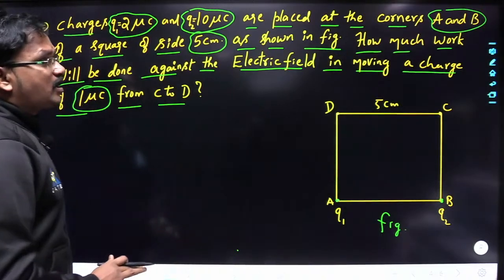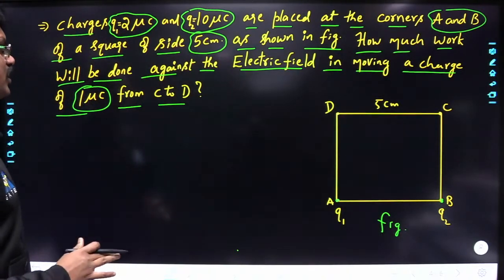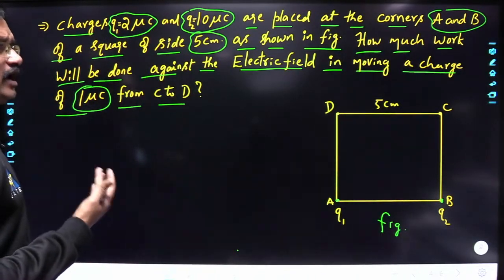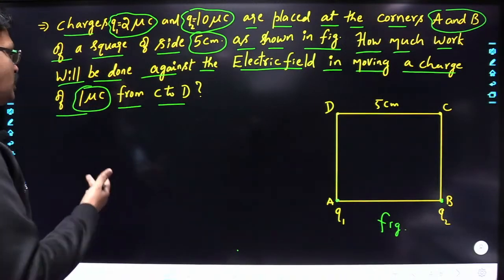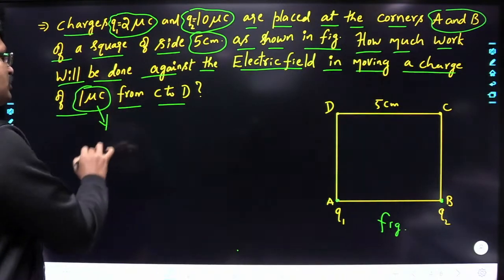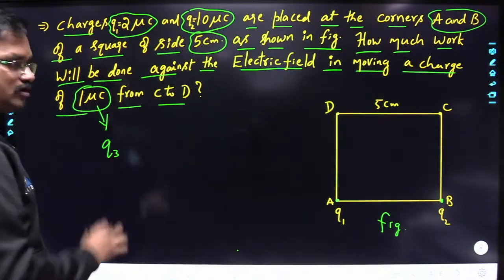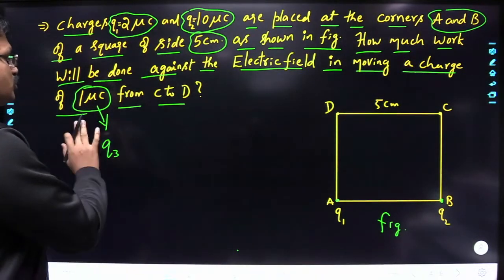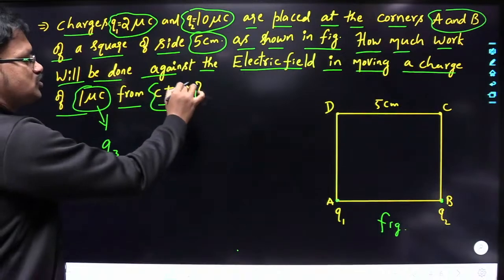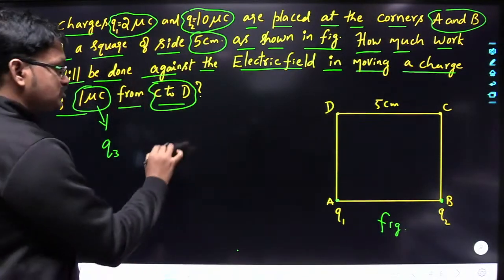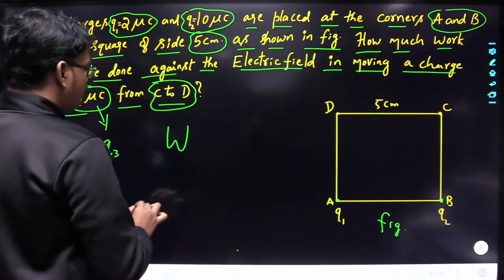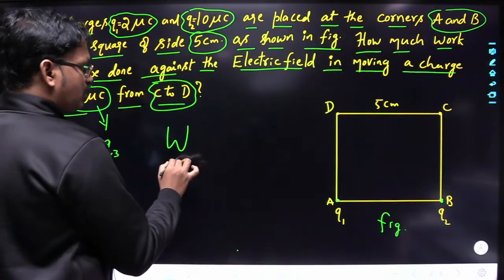Now they are asking what is the work needed to be done in order to move a charge, let us say this 1 microcoulomb, let us consider this is Q3. So in order to move Q3 from where to where? From C to D. So they are asking to determine the work done in moving Q3 from C to what?